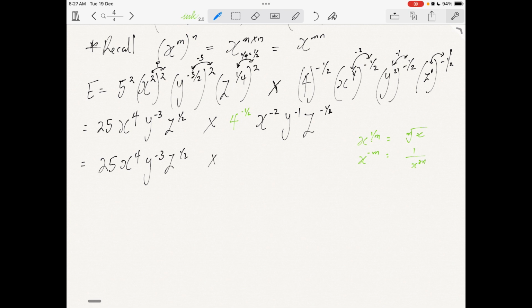So in short, let's try to remove this guy first. So in short, we can say that 4 raised to the power minus half is the same thing as 1 over 4 raised to the power half if we apply this rule.